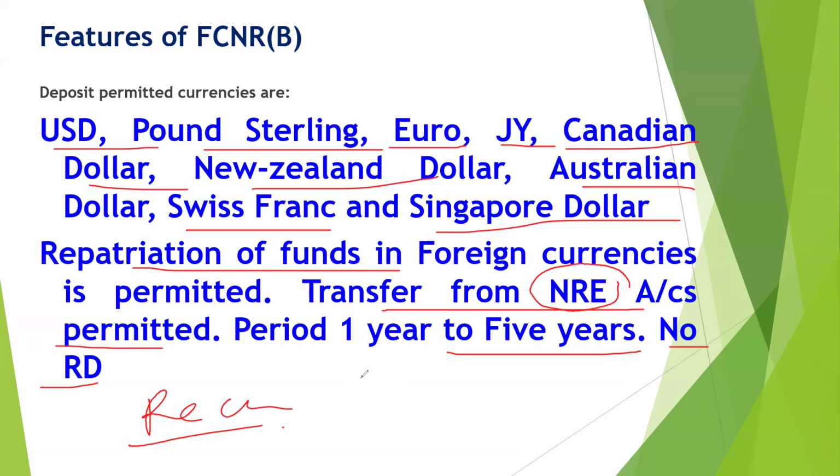The meaning is that suppose somebody is having 10 lakh rupees in an NRE account and they want to make an FCNR in USD, that is also allowed.